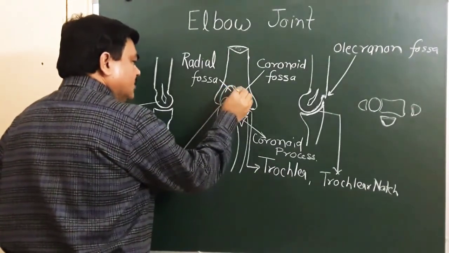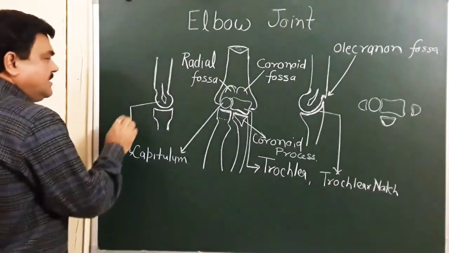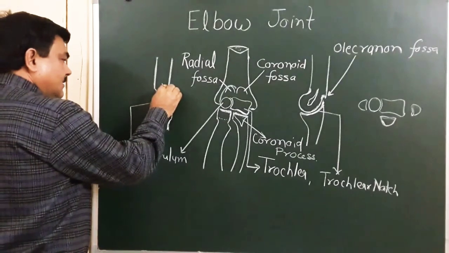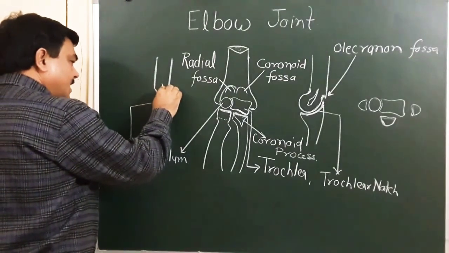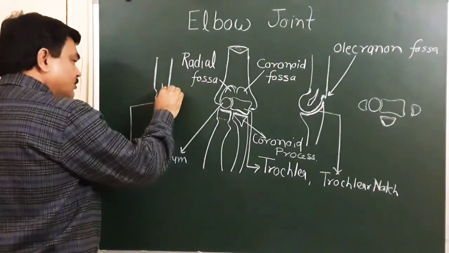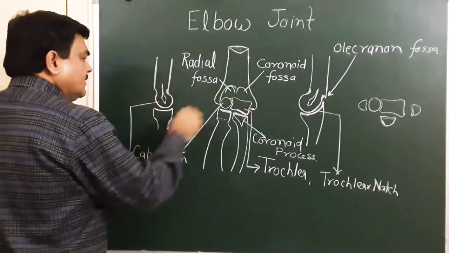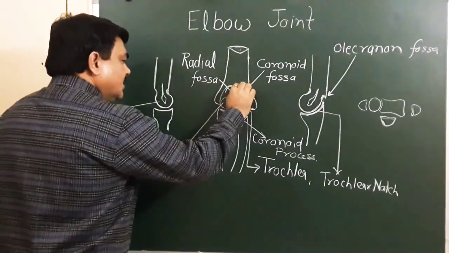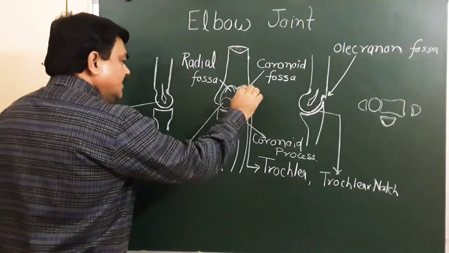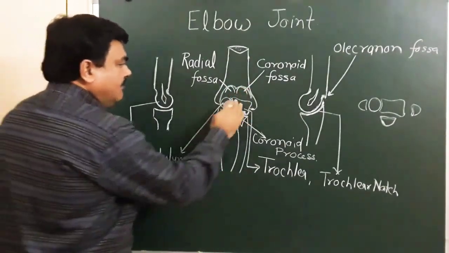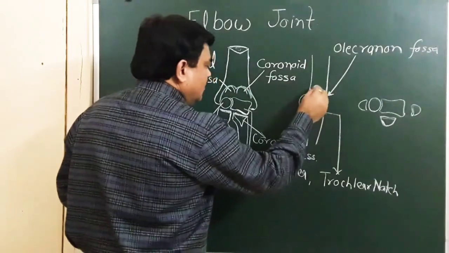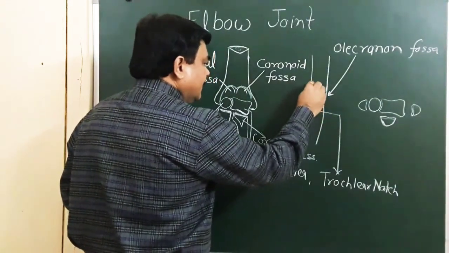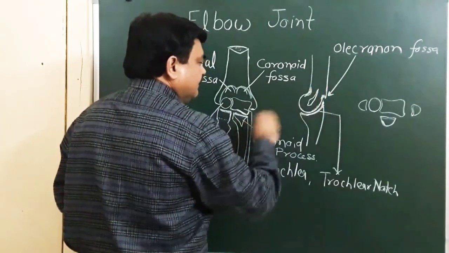It covers the radial fossa. And then it covers the coronoid fossa. On the medial side, here is the coronoid fossa. It covers the coronoid fossa.